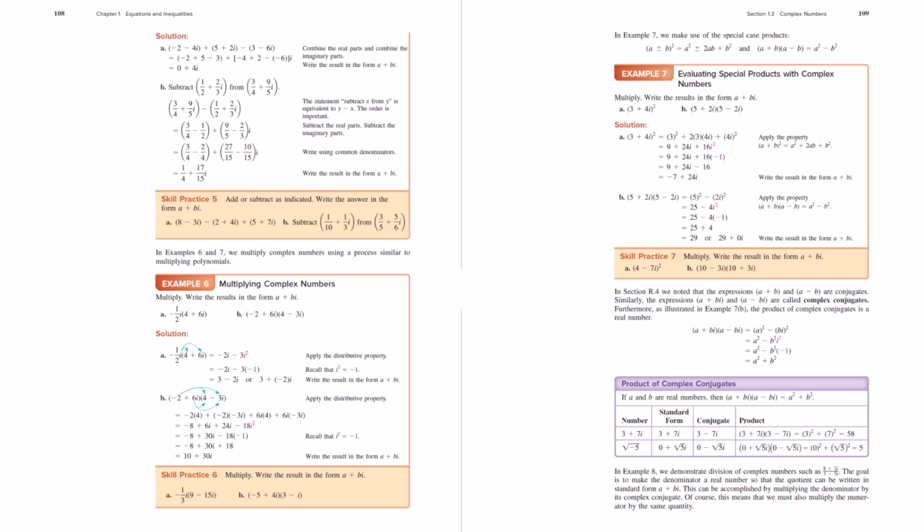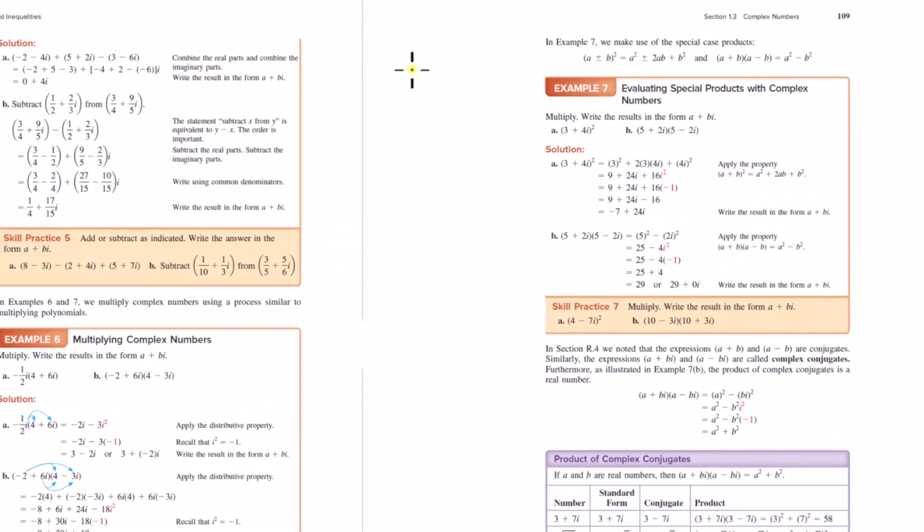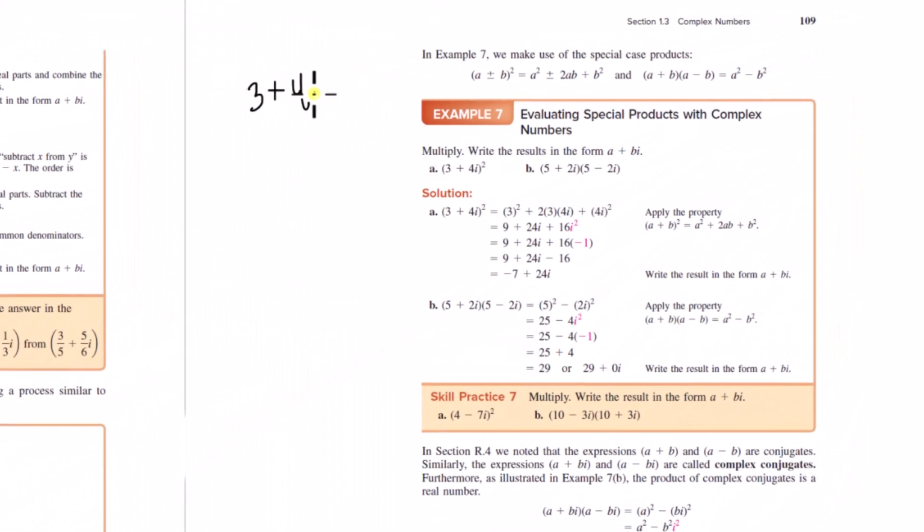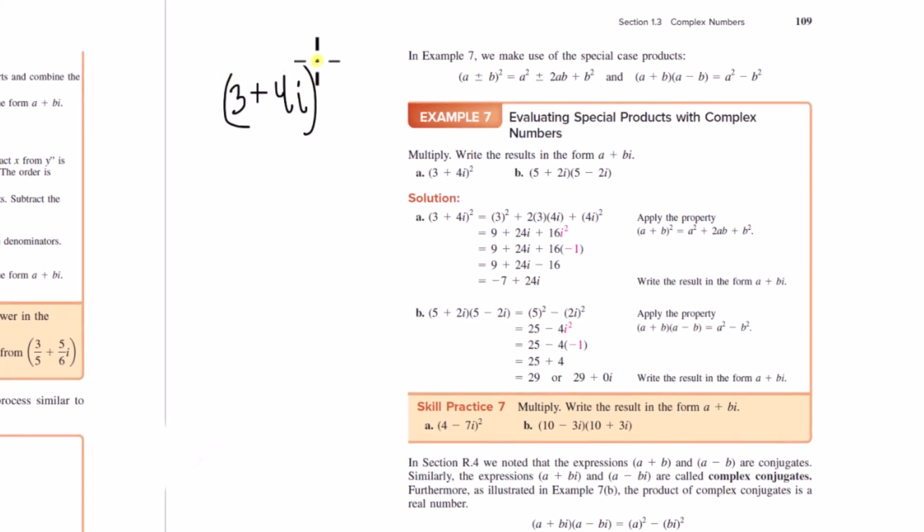So if we had 3 plus 4i squared. Well, this was like the a plus b squared, right? The perfect square trinomial. You get a squared plus 2 times a times b. So 2 times 3 is 6. 6 times 4 is 24. Plus b squared.